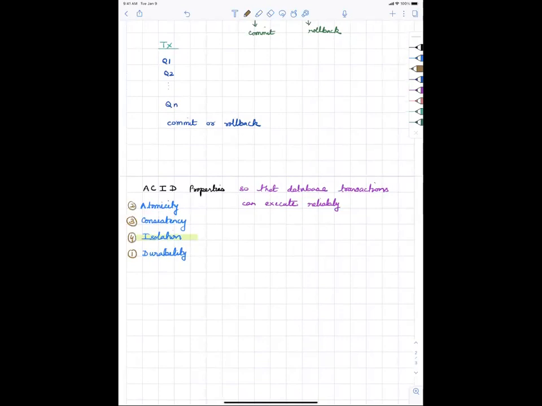In order for databases to run concurrently and reliably and handle failures, all database systems must be able to implement these ACID properties. So we'll start with durability.